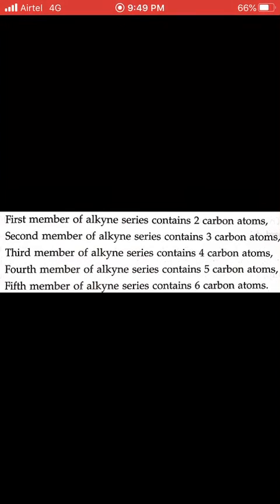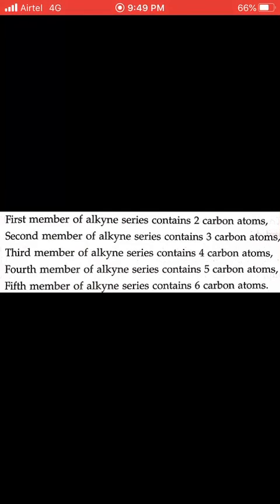Before winding up the class, I am repeating it. The general formula for alkane is CnH2n+2.